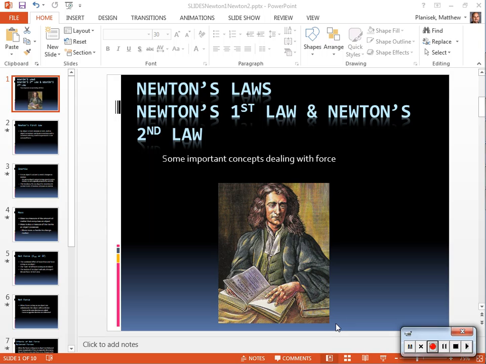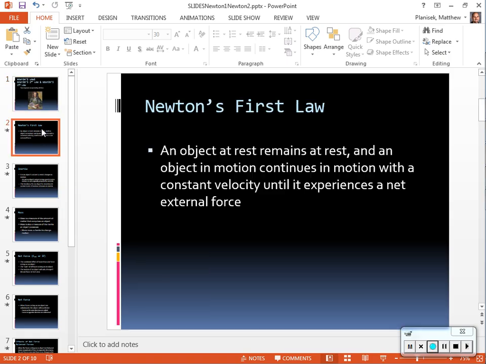And while Newton's first law has a big, long statement that summarizes things, we can basically use one word to represent the gist of Newton's first law. And what is that one word? Inertia, right? Inertia says that an object is going to do whatever it is currently doing, right?